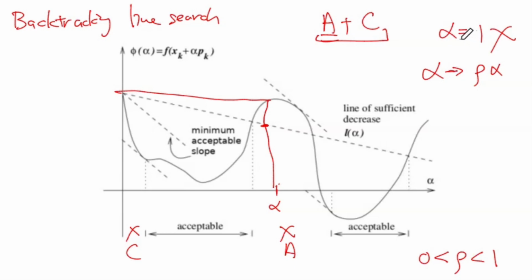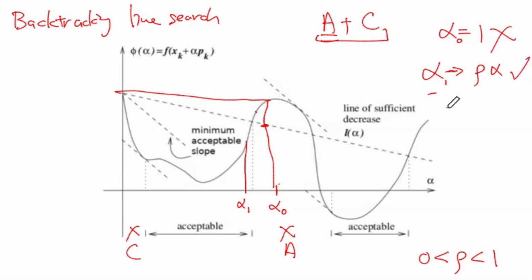Let's say this is alpha 0, and we get alpha 1. We multiply with this ratio, for example 0.9. Now, does alpha 1 fulfill the sufficient decrease condition or not? Yes, then we choose this alpha.